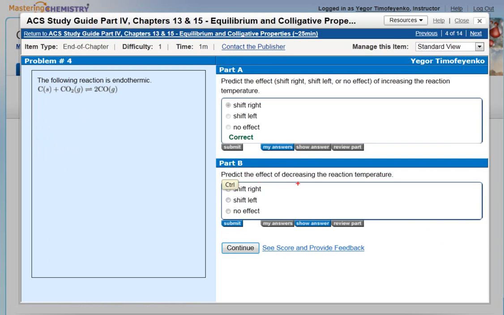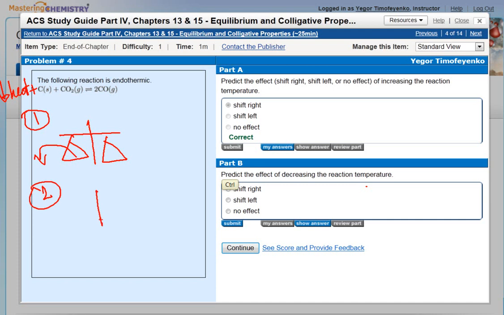In part B, predict the effect of decreasing reaction temperature. Again, heat is on the left side. It's an endothermic reaction. As we decrease the temperature, we start with our balance, and then we decrease stuff from here, take it off.